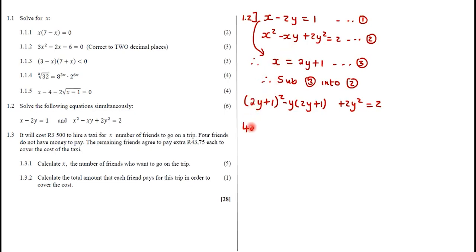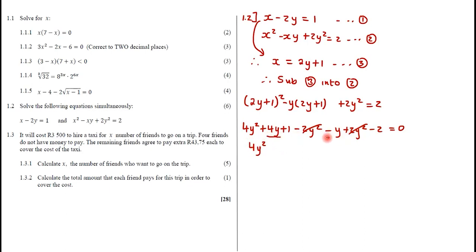So now, simplifying this, we're going to get 4y squared plus 4y plus 1, but then now we're going to multiply that minus y with 2y, which will be minus 2y squared minus y plus 2y squared. So I'll take this 2 across and then make everything equal to 0. This way, this I cancel with that, and then I have 4y squared.